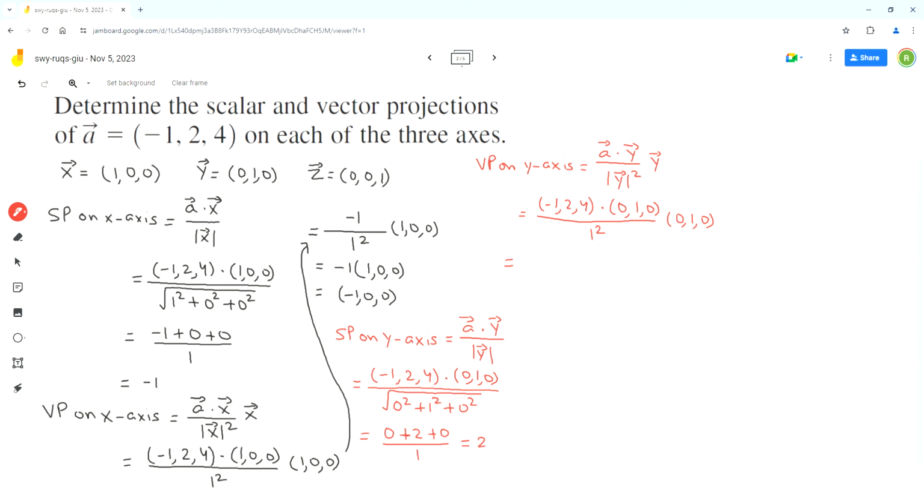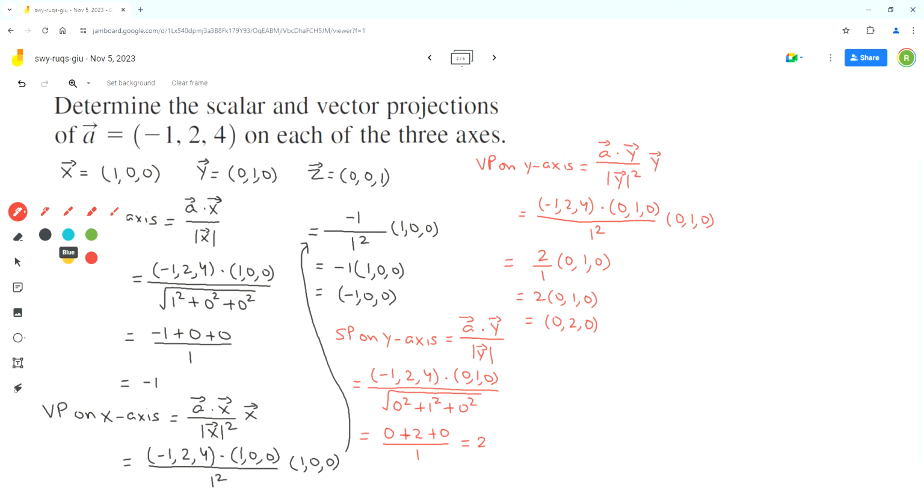For the dot product, we got 2 in the calculations for scalar projection. Now we can do the scalar multiplication. We'll multiply each component by 2. So this is the vector projection on the y-axis.